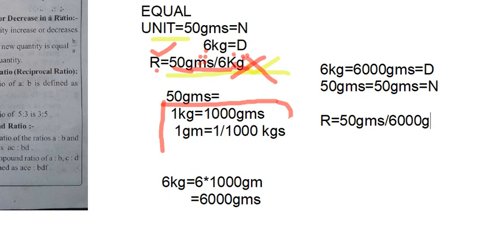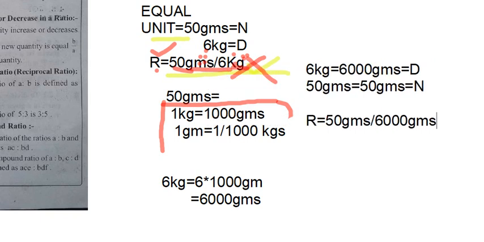Just wait. Now see, my boys and girls, here grams are cancelled. Very good. Now here there is a 0 and here 10 is cancelled. Remaining is numerator 5 and denominator 600. Now can I cancel this?